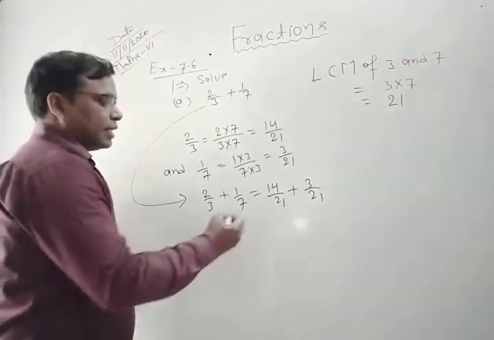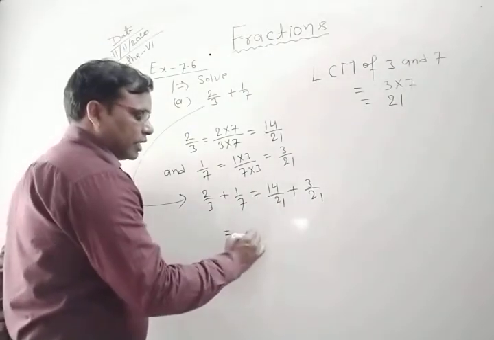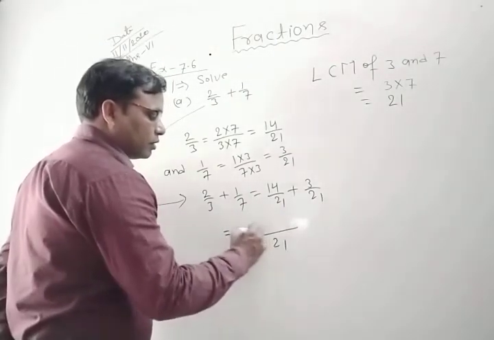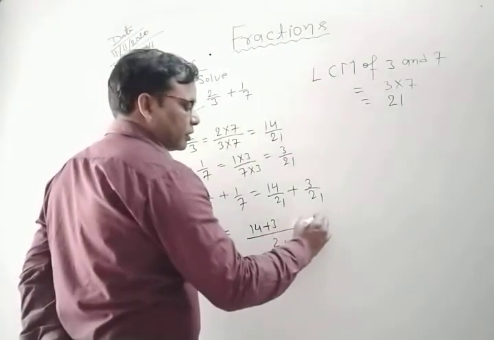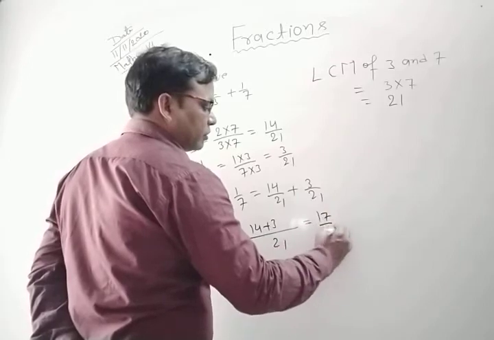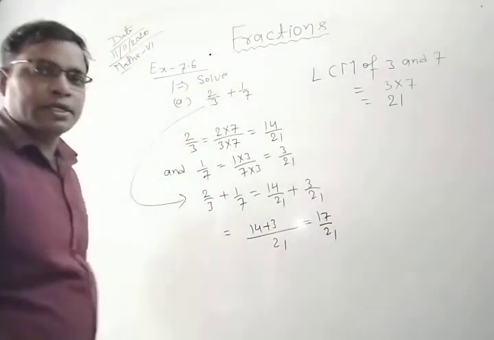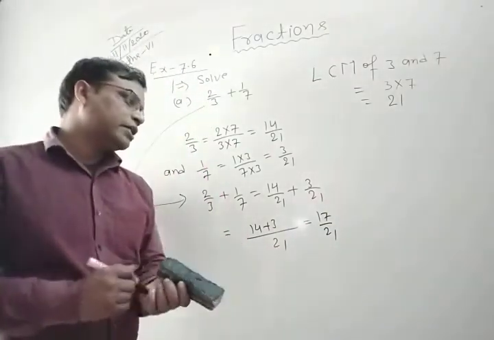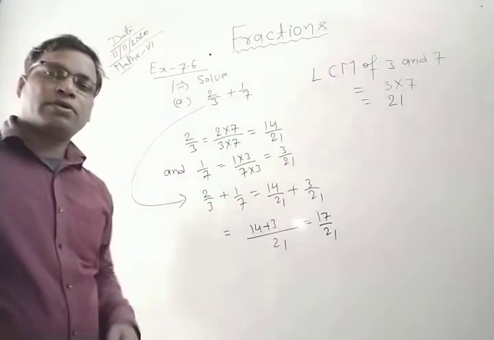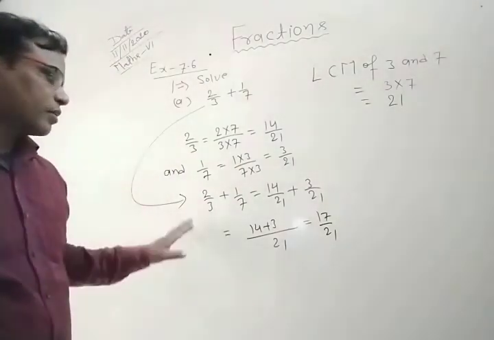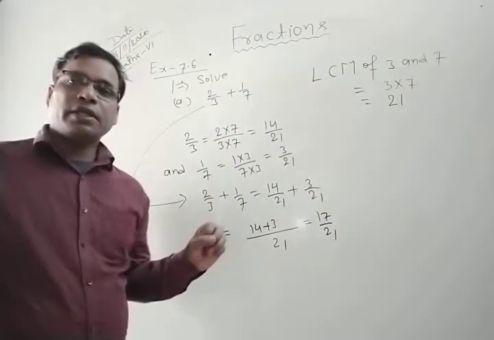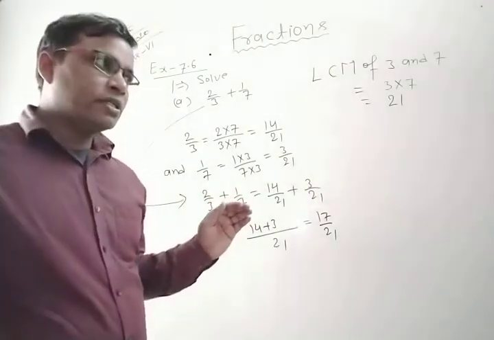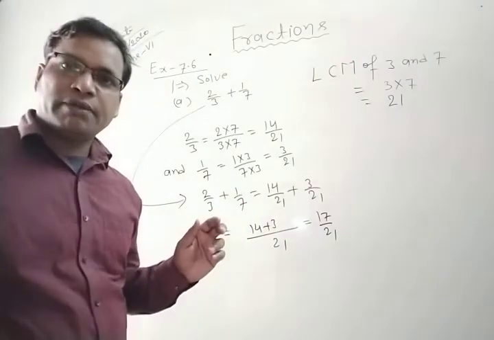You can write it like this: over 21, 14 plus 3, which is equal to 17 by 21. Clear? This is right. In this way you can find the sum when the denominators of the given fractions are different.